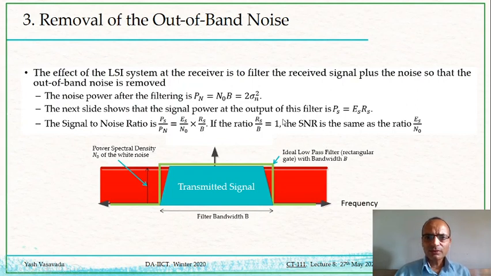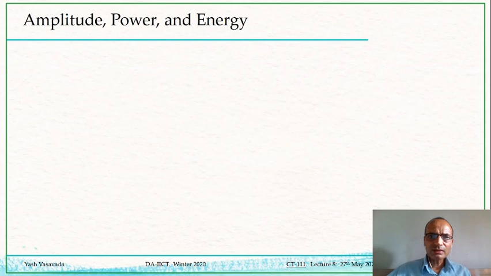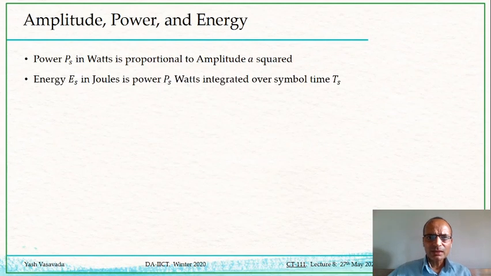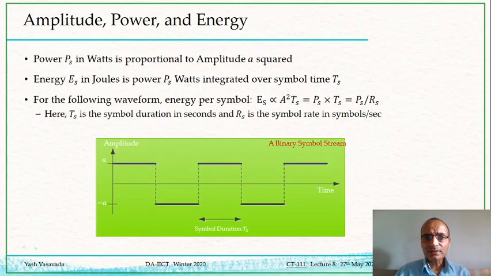One more thing that we will do before we conclude this particular video is to show that the signal power P of S can be written as energy per symbol times the symbol rate R of S. And so for that, again for sake of simplicity, we are going to assume rectangular pulses.